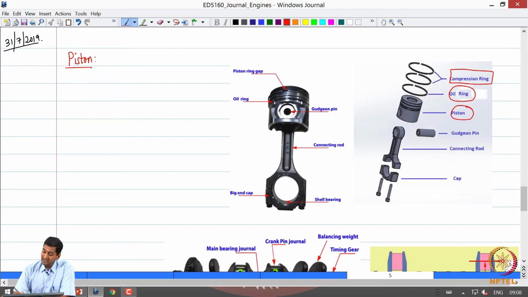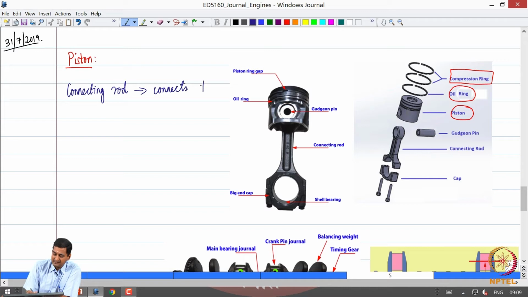Then we have what is called a connecting rod, which connects the piston to the crankshaft. We will come to the crankshaft shortly.